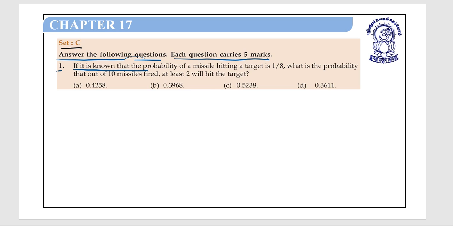If it is known that the probability of a missile hitting a target is 1 by 8, what is the probability that out of 10 missiles fired, at least 2 will hit the target?